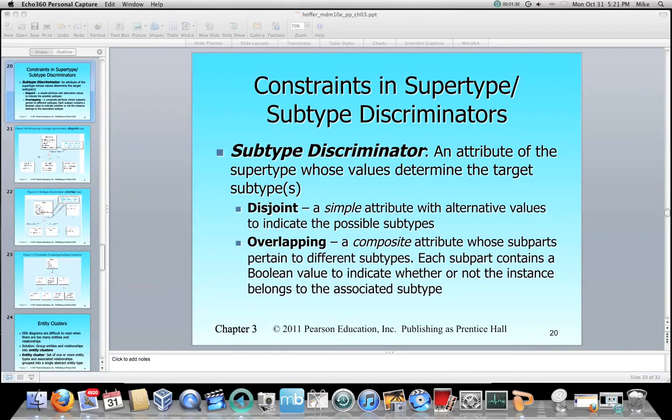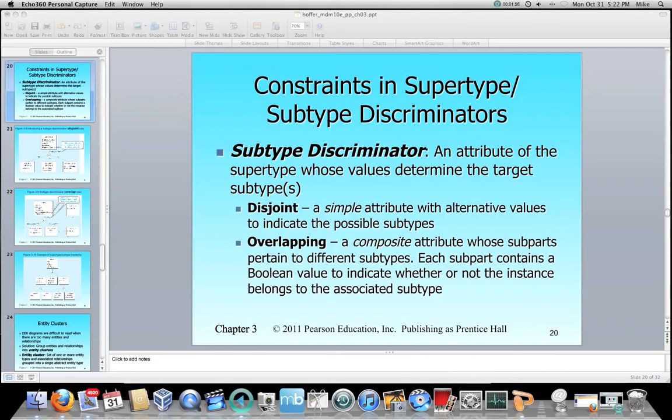If you have a disjoint situation between the supertype and the subtype, it's a simple attribute with alternative values. If they're overlapping, you're going to need a composite attribute to let the user know any number of subtypes that this supertype instance is associated with.